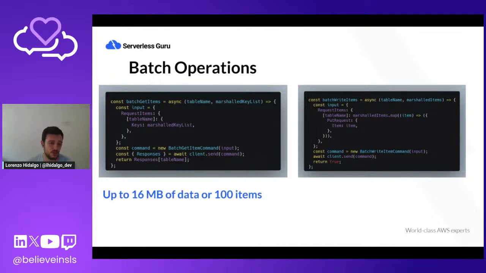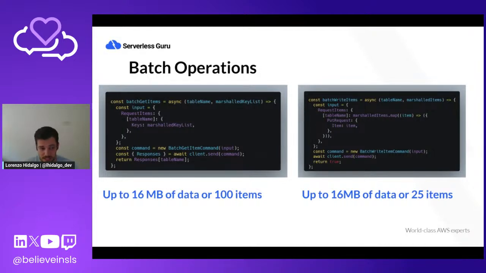Here, something that we also need to take into consideration while working with batch write commands, or batch commands in DynamoDB, is the limit of up to 16 megs of data or 25 items. Why have I written up to and or in both scenarios?